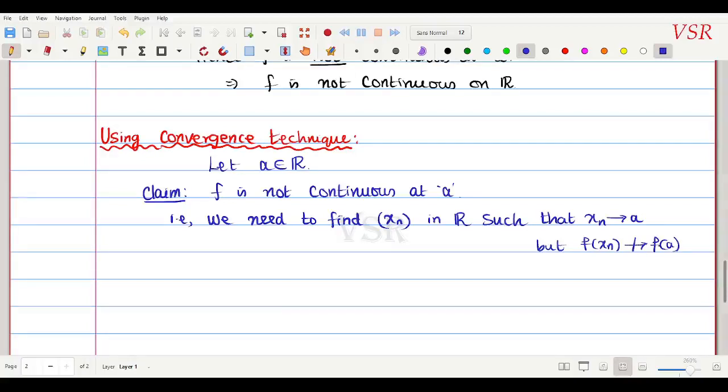We have to find it like this, nothing else. So we are going to explicitly find a sequence xn such that xn converges to a and f of xn does not converge to f of a. You take any point a belonging to R.